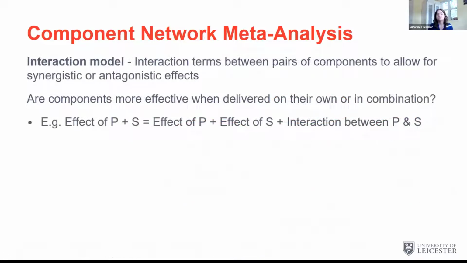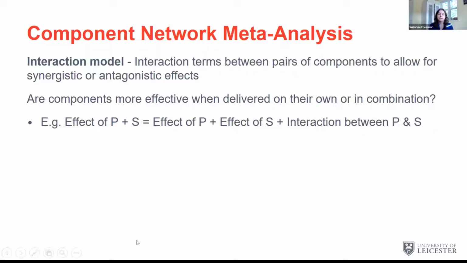But if we wanted to relax that assumption of additive effects, then we can fit an interaction model. Now, this includes terms that allow for interactions between pairs of components so that we can basically take into account synergistic or antagonistic effects. And this model would allow us to answer the question, are components more effective when delivered on their own or in combination?